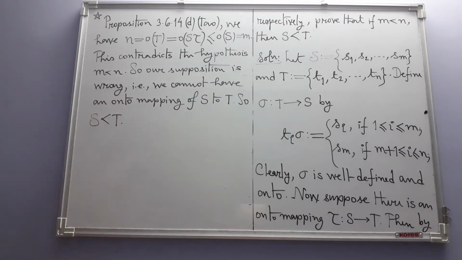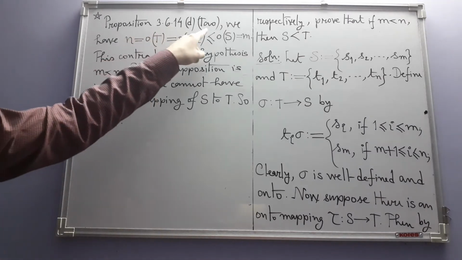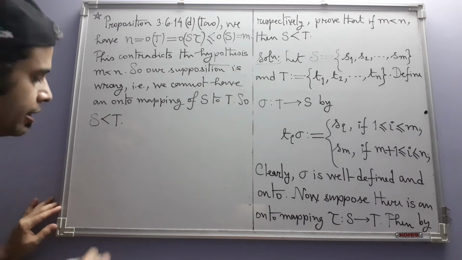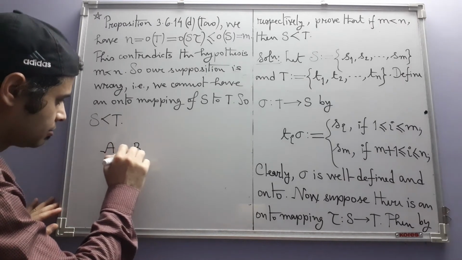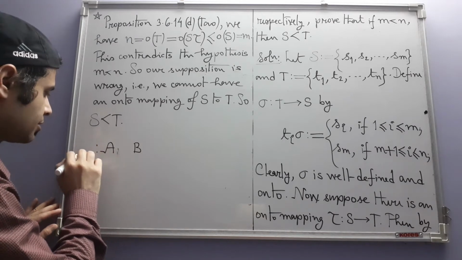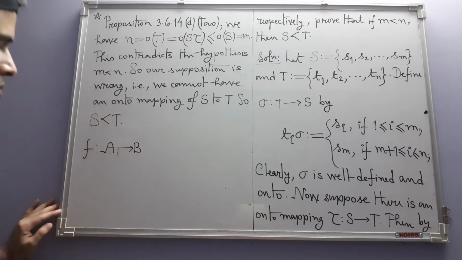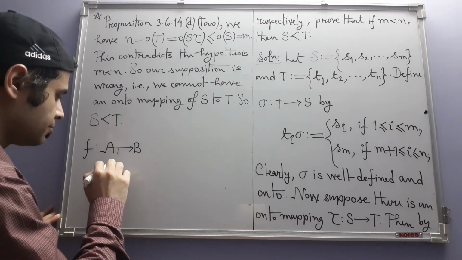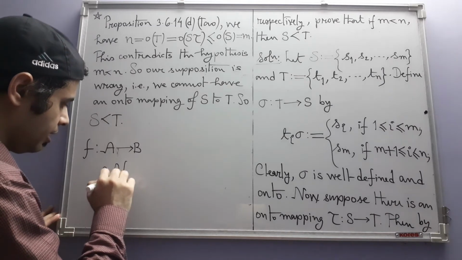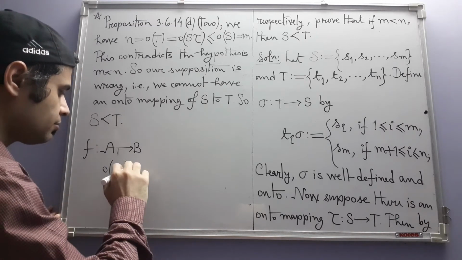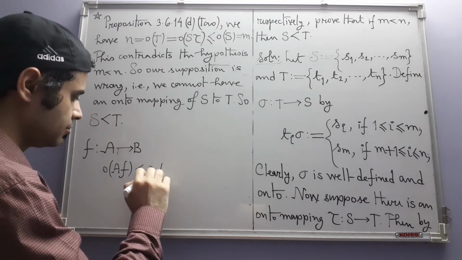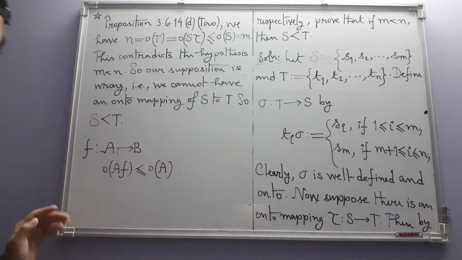If you are wondering, or if you have forgotten what this proposition says, it just says this. Suppose you have two finite sets A and B, and there is a function or a mapping from A to B. Then the number of elements in AF is less than or equal to the number of elements in A. You can think of it like this.